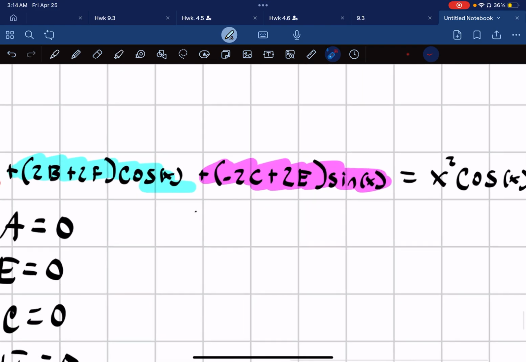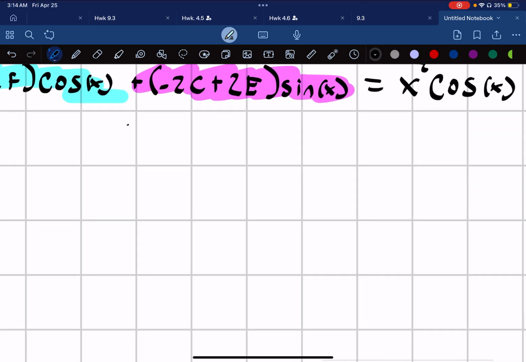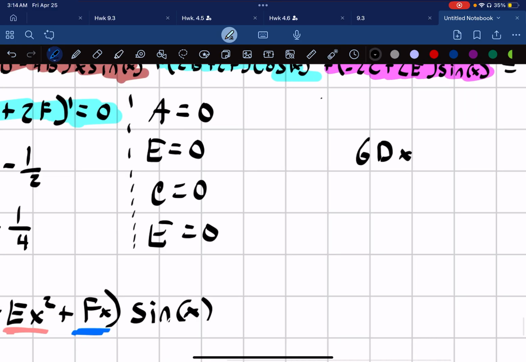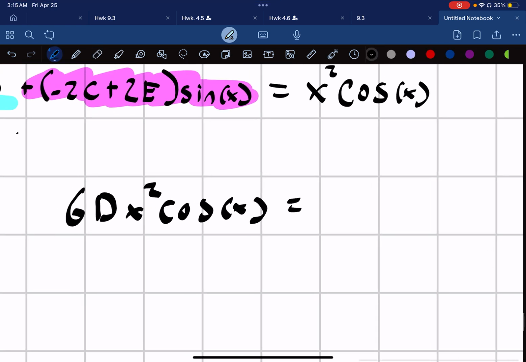So what we would find is that we would make it equal to each other. We have this 6D x cosine x equals x squared cosine x. This has the same coefficients, so this would just be 1.